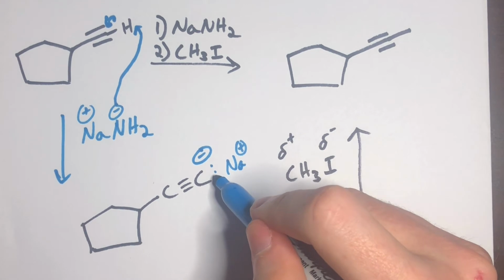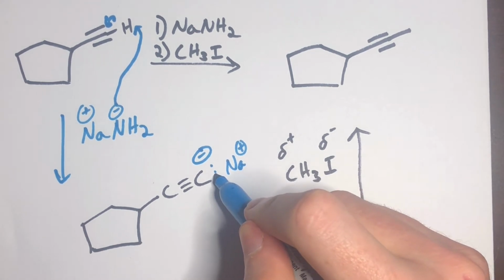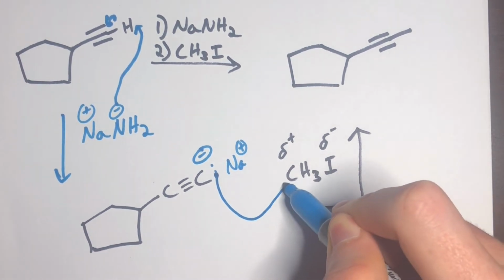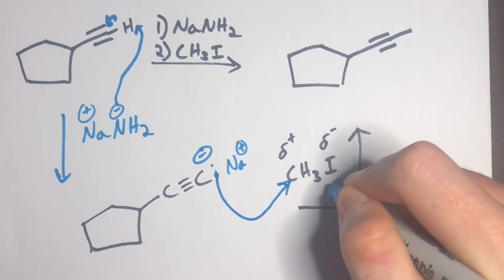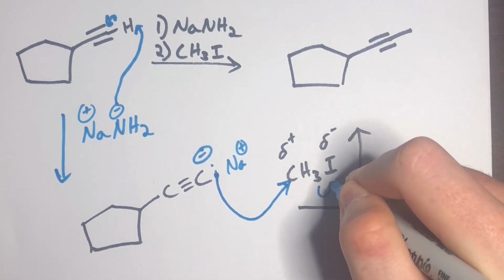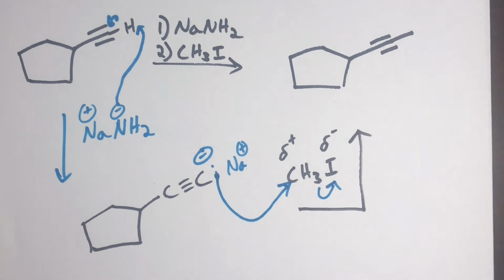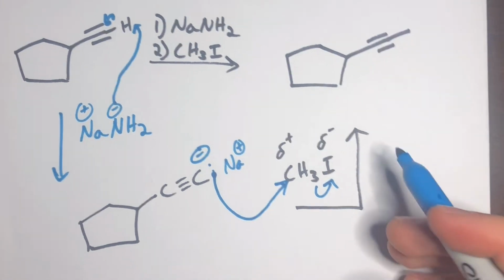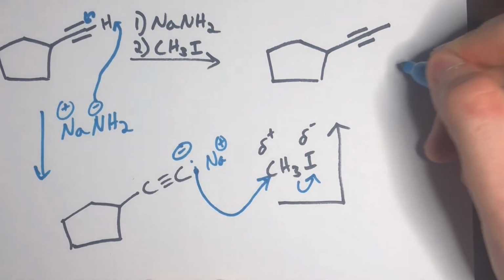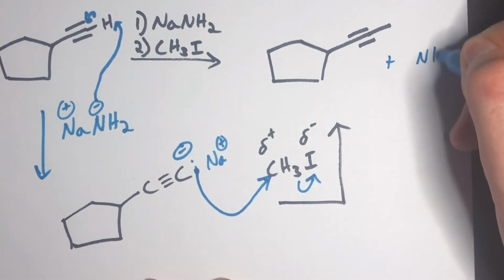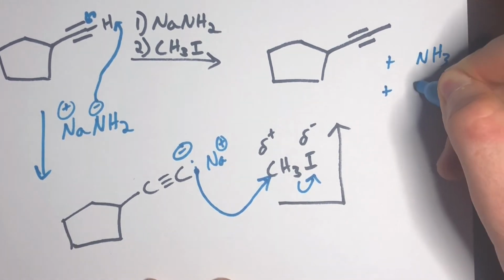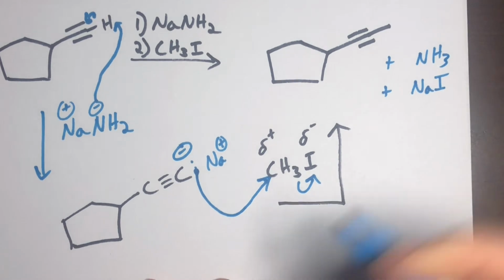So that's exactly what happens. This lone pair on the carbanion will attack the carbon, and then we will cleave the carbon-iodine bond, forming this product up here. And there are byproducts, as I mentioned: there's NH3 in the first step, and now there is sodium iodide.